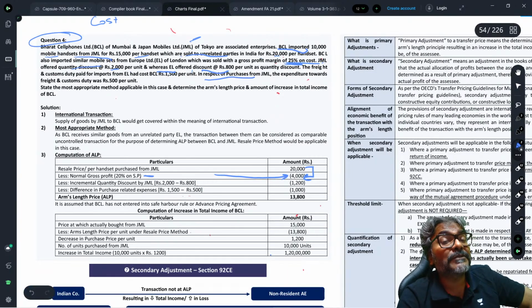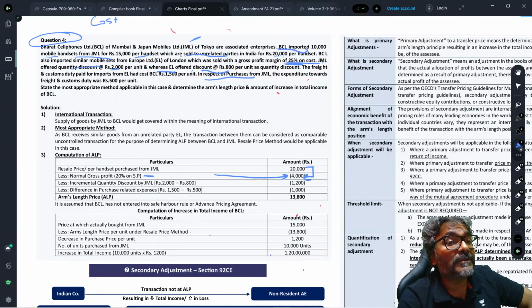Similarly, in respect of purchase from JBL, the expenditure towards freight and custom duty was 500 per unit. The freight and custom duty for import from EL had a cost of 1,500 per unit. How much cost has BCL incurred on the import from the unrelated party?